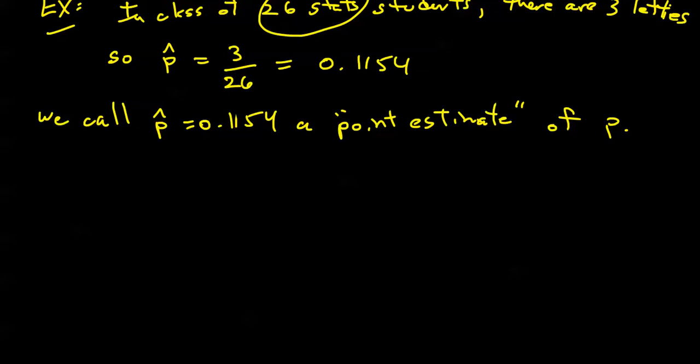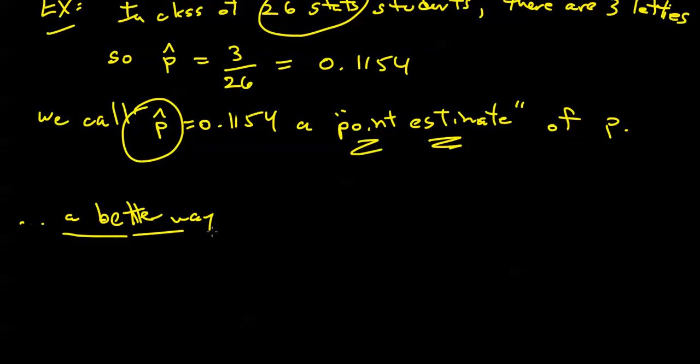Alright. So to compute a point estimate of p, basically you grab a sample and compute p hat. Well, as you might expect, depending on your sample, our p hat here may be a good estimate of p. It may not be a good estimate of p.